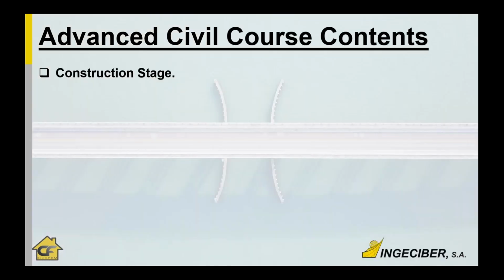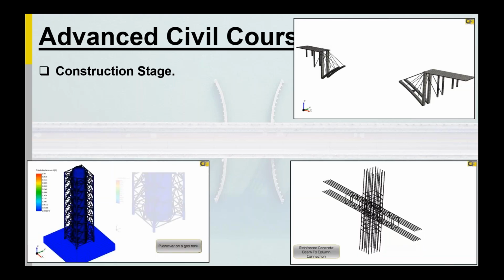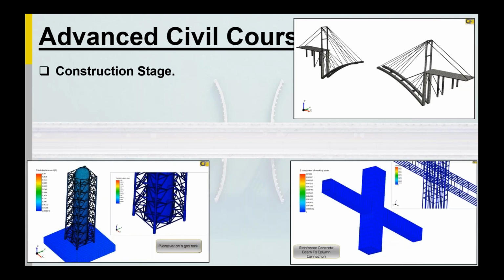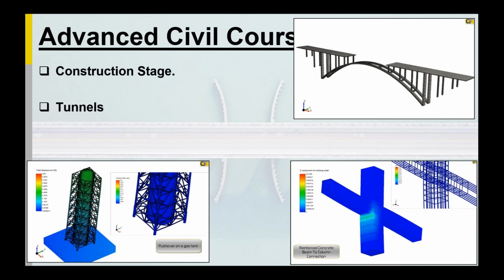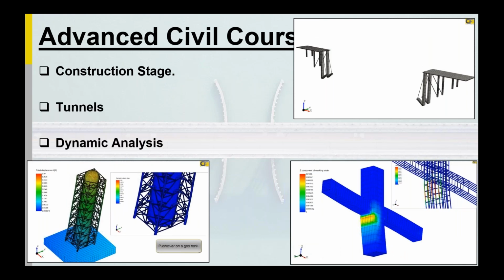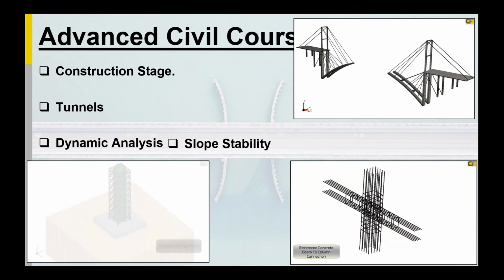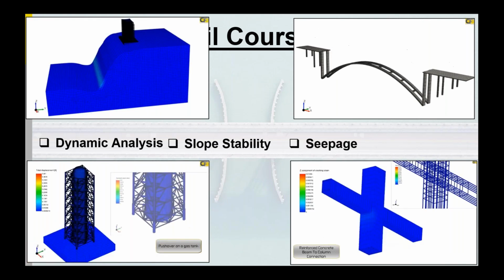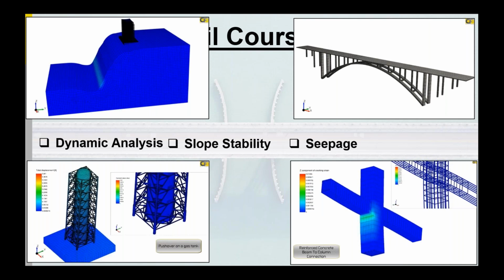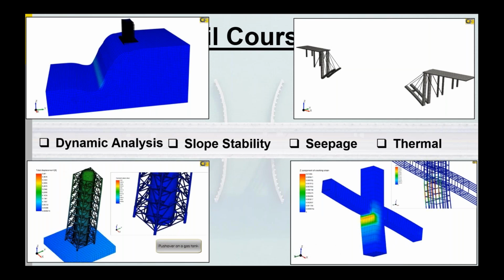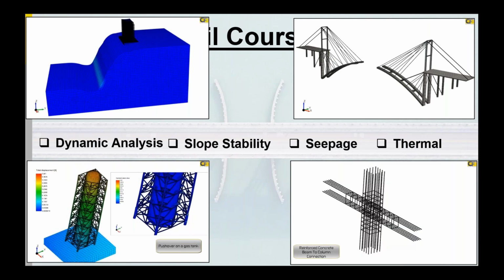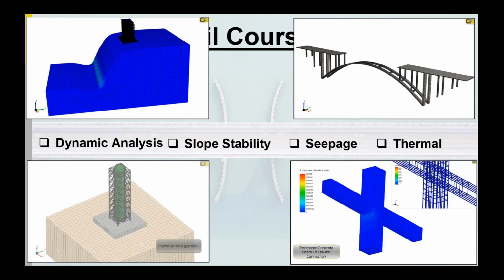You can always go beyond, changing your material behavior, your linearities, and advancing to other non-linearities such as contacts, construction stages for tunneling, dynamic analysis, spectral analysis, harmonic analysis, and including seepage and thermal capabilities in this license.